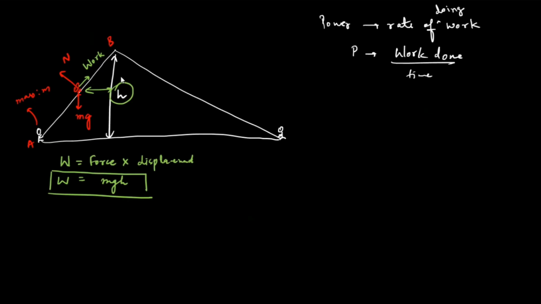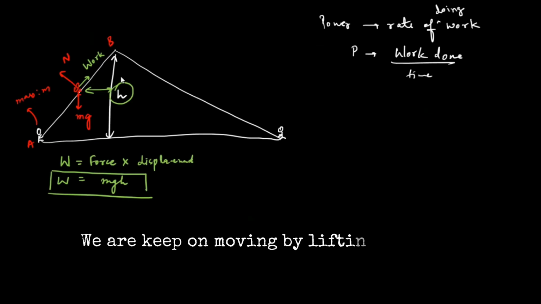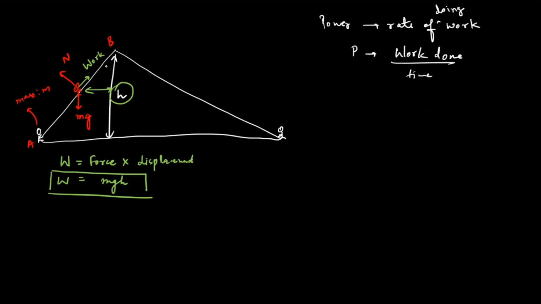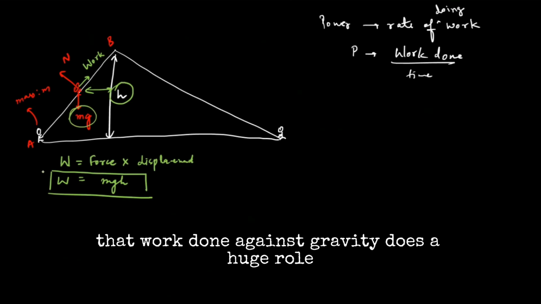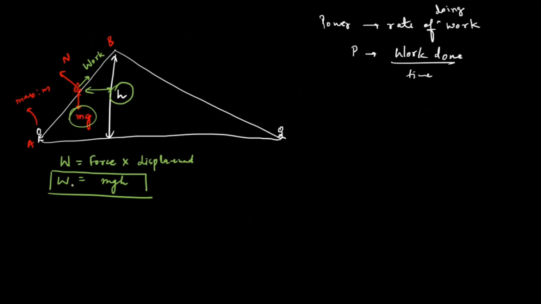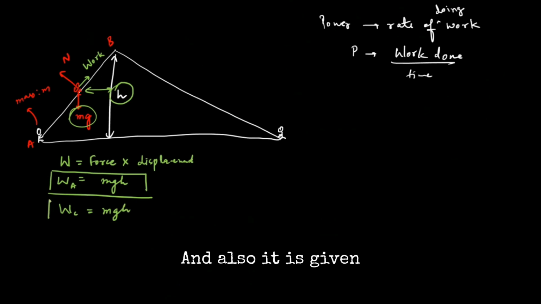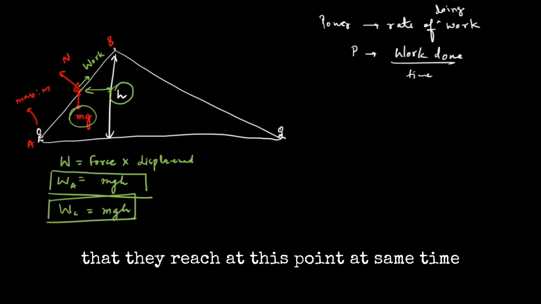We keep on moving by lifting our feet. So normal doesn't play any role, but the work done against gravity plays a huge role. So for person A as well as for person B, the work done is going to be the same. And also it is given that they reach this point at the same time.